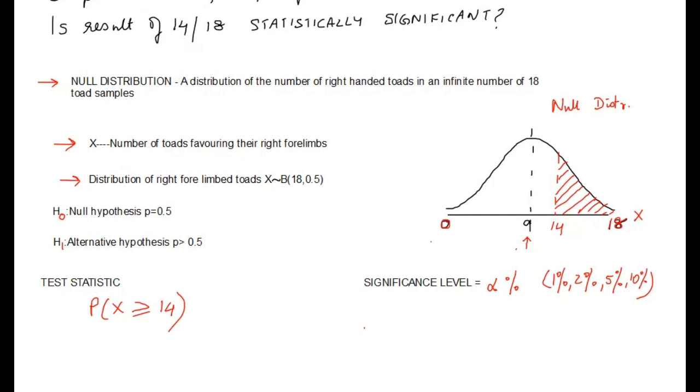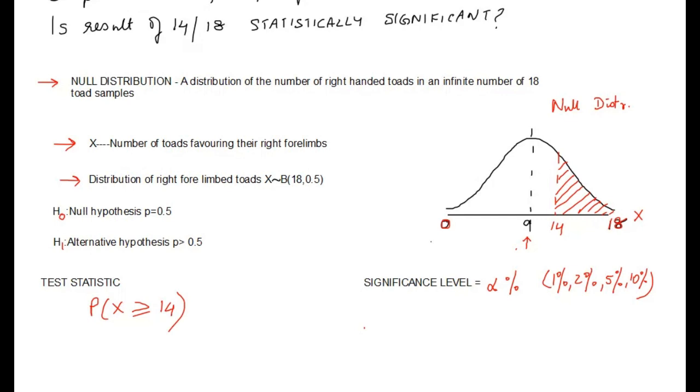Whereas if this calculation on the null distribution gives us a low probability, then we can say that the result that we got in our experiment, 14 out of 18, is unusual enough to be statistically significant, right? Okay, so what is the probability value against which we test the significance?